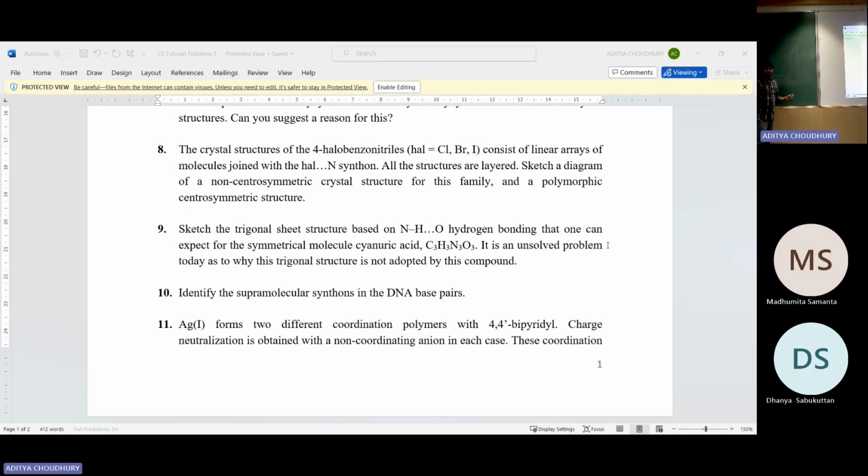Carbon, nitrogen alternate: carbon, nitrogen, carbon, nitrogen, carbon, nitrogen. So you literally have C3N3 in the ring. Now H3 and O3. Can it have an N-O bond? Not really, so usually it goes like this, and you have H, H, H.